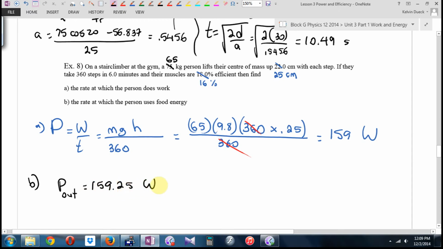What this question wants me to find out is how much power did he use up in food? In other words, this question wants me to find power in. But they did give me the efficiency. How efficient are this person's muscles? I'll change it to a decimal.